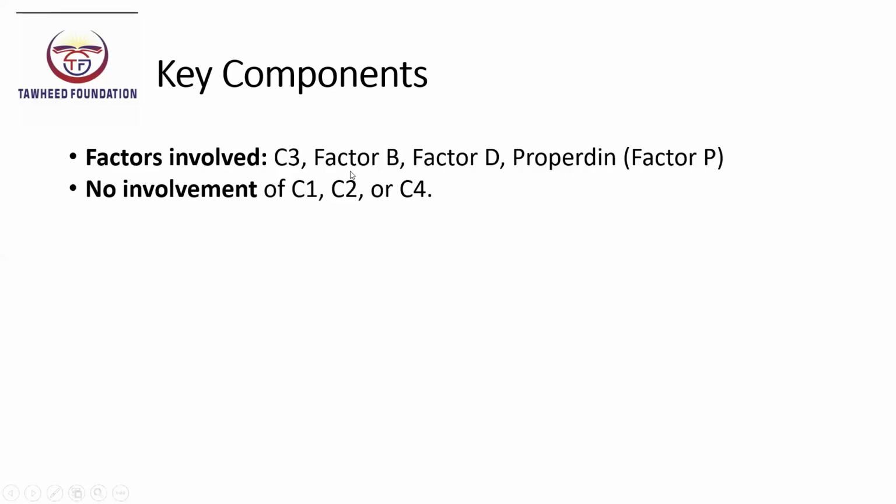Factor B binds to C3b, forming a complex that is cleaved by factor D into Bb, which remains attached to C3b to form C3bBb, the C3 convertase of the alternative pathway. Properdin, that is factor P, stabilizes this enzyme complex, increasing its half-life and activity. Together, these factors enable efficient amplification of complement activation on pathogen surfaces.